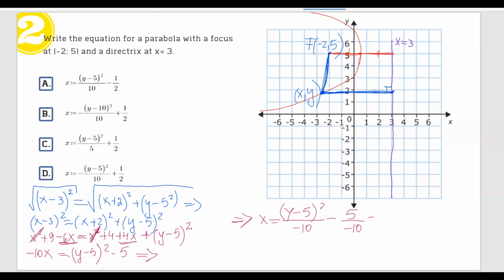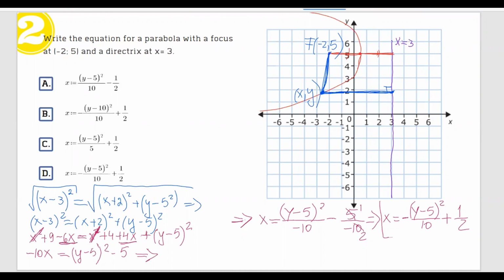Okay, so again, let me rewrite this as x equals minus (y minus 5) squared divided by 10. And then the minus and minus becomes plus. And if we divide both numbers by 5, we're going to get 1 over 2. So it's going to be plus 1 over 2.